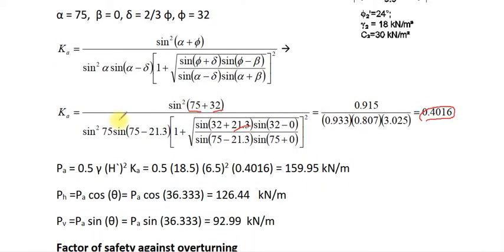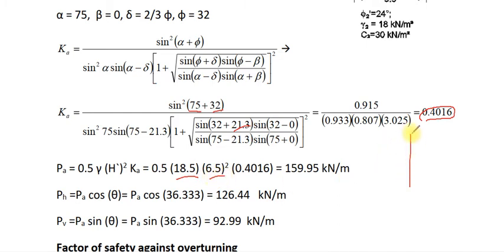After computing the active earth pressure coefficient, we have to compute the P active. P active equal to 0.5 gamma H square K active. Gamma equal to 18.5, H equal to 6.5.